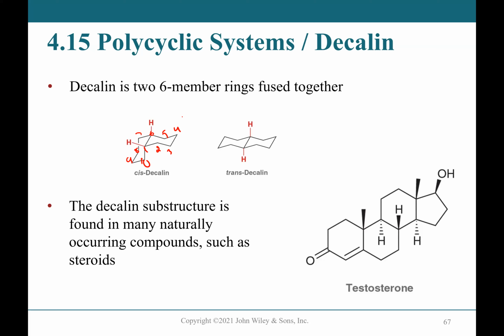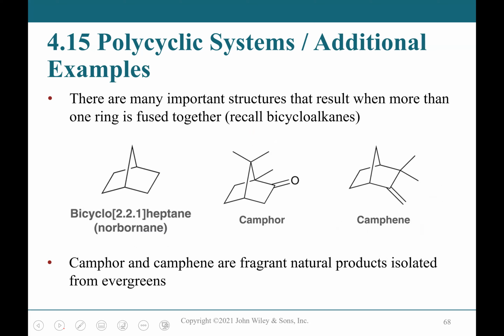You can kind of see, if we just imagine this structure coming over, we see this 6-membered ring right here in the testosterone. It says there are many important structures that result when more than one ring is fused together.